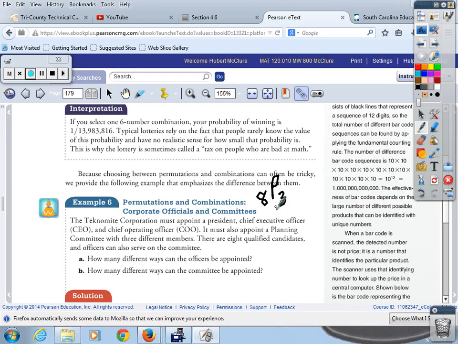Somebody tell me what that number is. There's 336 different ways that outcome could come out.